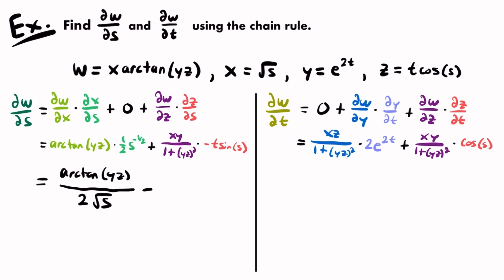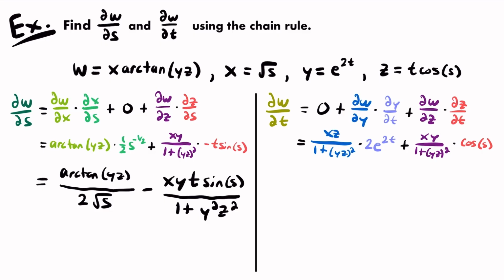So let's erase that and write minus x times y times t times sine s divided by 1 plus y squared z squared. Right, you can square both y and z inside that quantity, and this is what you would get. And that's it. I'm going to leave it in this form.